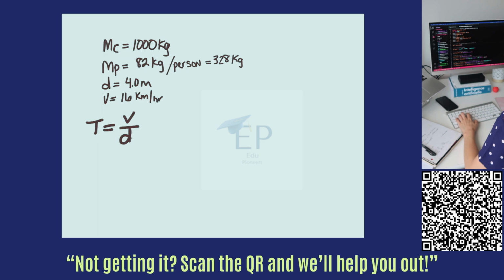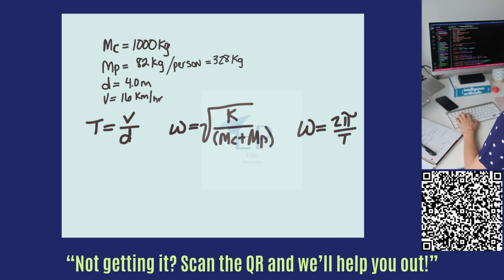We're also going to use the equation omega equals the square root of k divided by our mass, but in this case we need to have the mass of our car plus the mass of our 4 people in the car. And we can also have the equation that omega equals 2 pi over T.